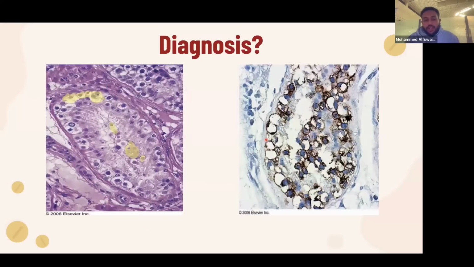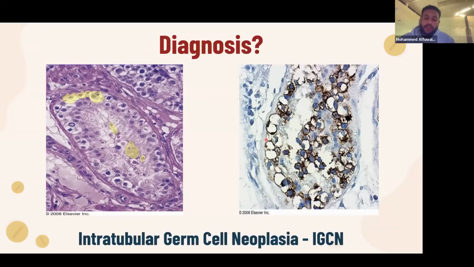Testicular atrophy. Now over here is that you have, because of cryptorchidism or Klinefelter or whatever, you start to have some changes that occur at the testes. What change is occurring in this case? IGCN, which stands for intratubular germ cell neoplasia.